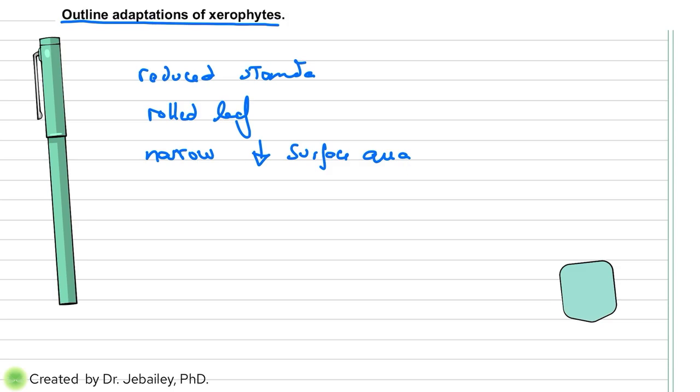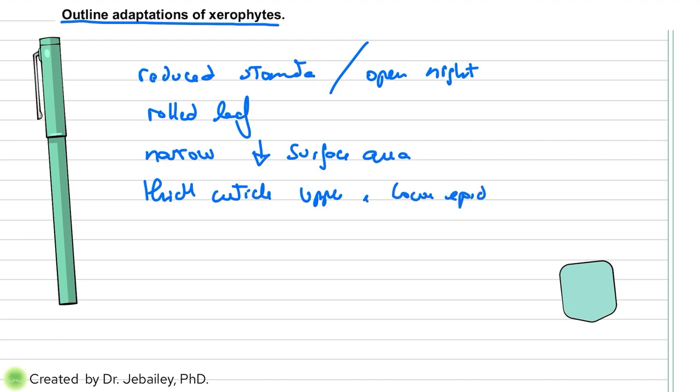Not only do they reduce the stomata, but they only open them during the night, so it reduces the chances. They have a very thick cuticle, which is a wax to stop evaporation, and they have this on the upper as well as the lower epidermis, where you want to reduce water loss as much as you can.